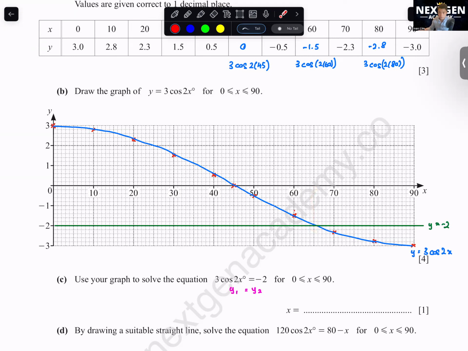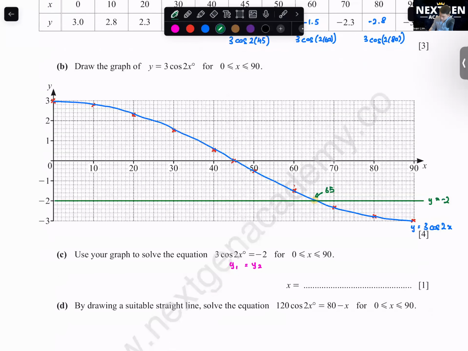In this case, they will accept 65 to 67, because my graph and your graph might be slightly different. So we will write 65. You can write 66 or 67, depending on your graph.